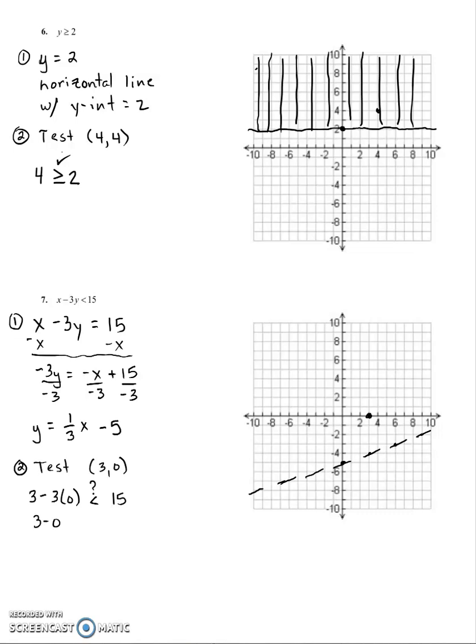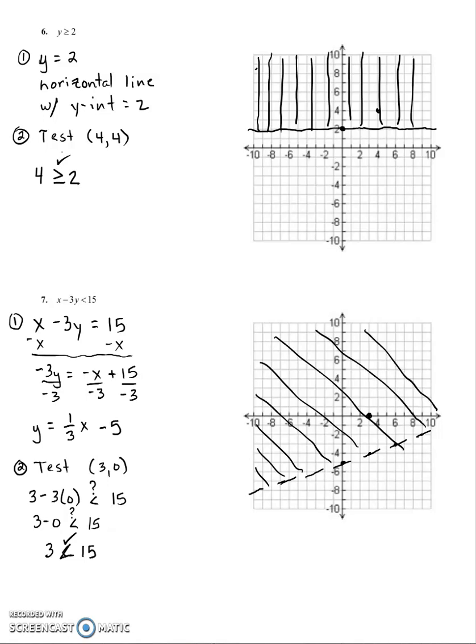So 3 minus 0. We end up with 3 is less than 15. That's true. So we shade the same part of the graph that our test point is in.